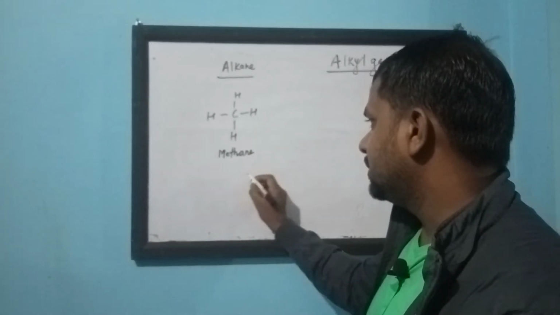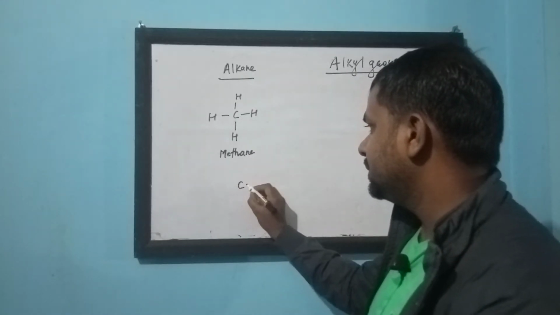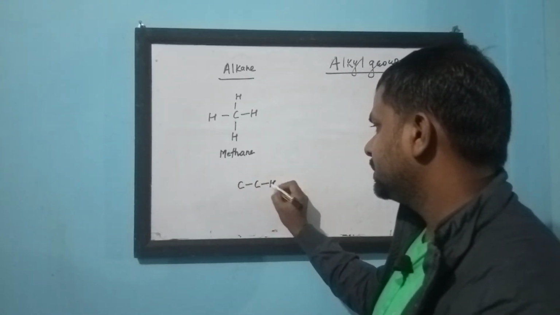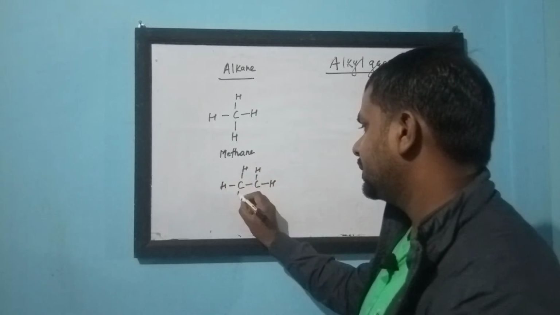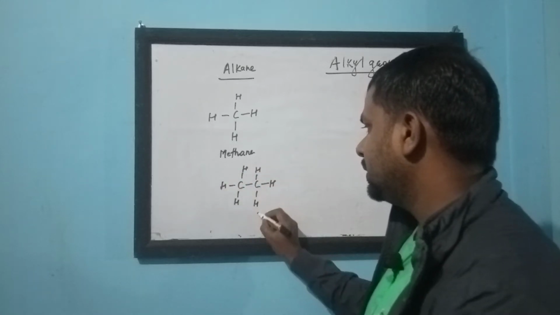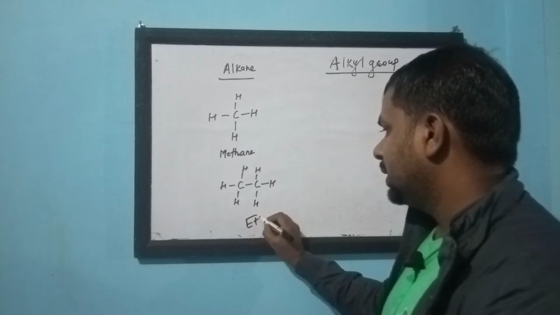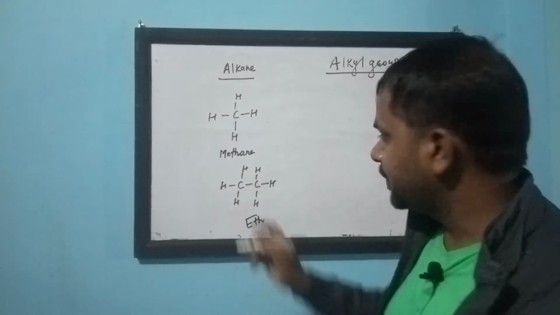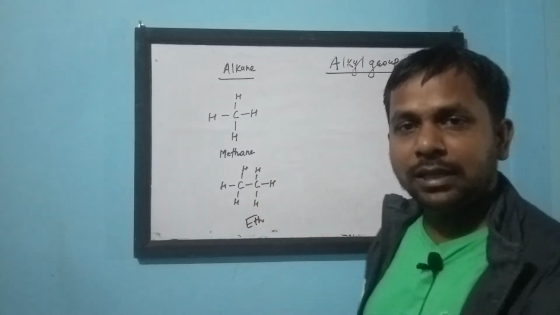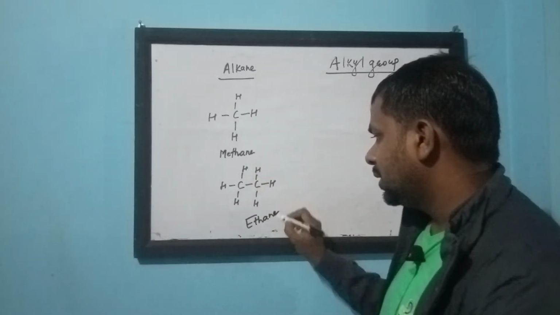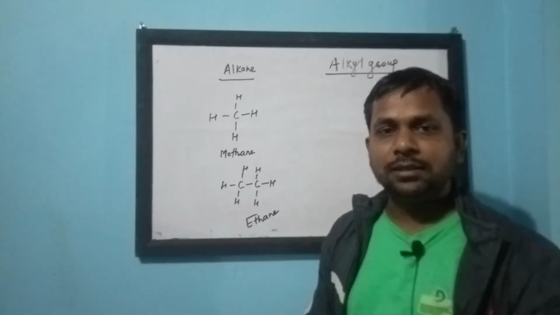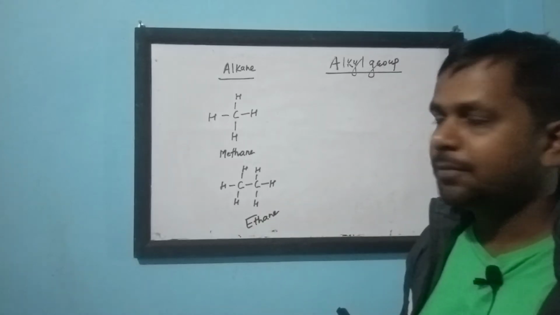Let us see one more alkane here. This is another alkane, and it has two carbons, so its root word will be eth, and all single covalent bonds, so suffix will be ane, so its name is ethane.